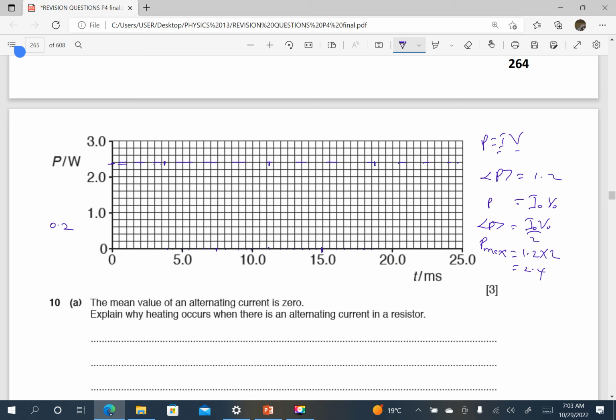Then after 7 it goes back to 0. That is at 22.5. Okay, so this is going to be a sinusoidal curve which never goes below the x-axis.